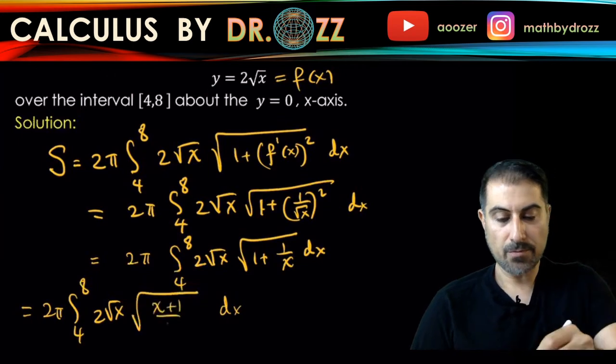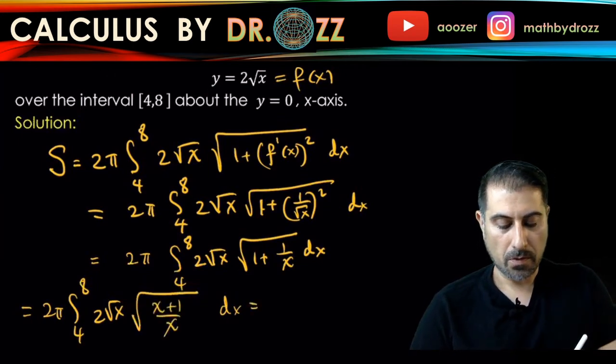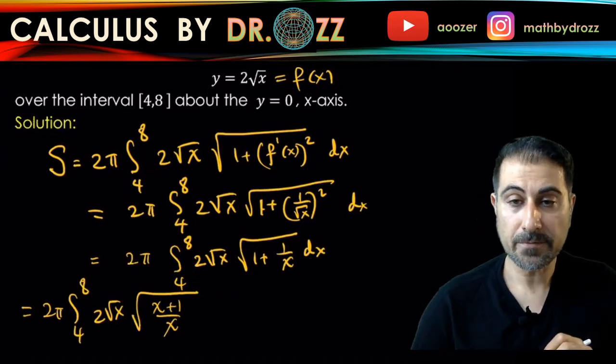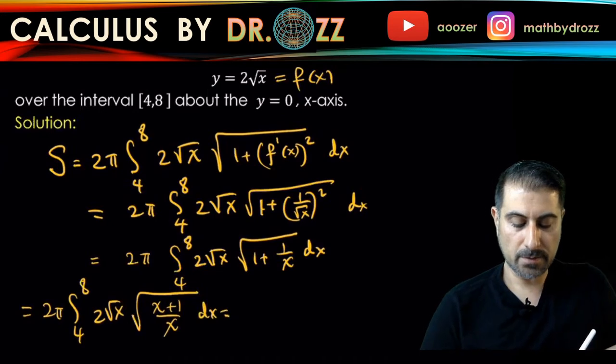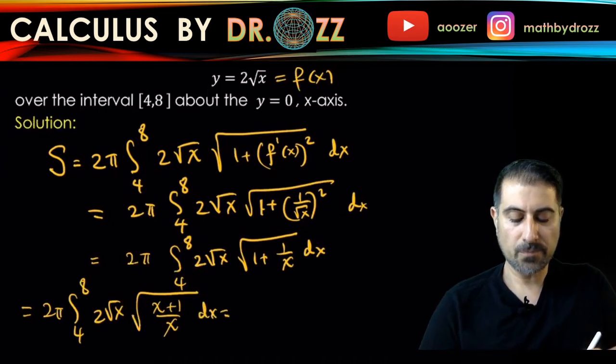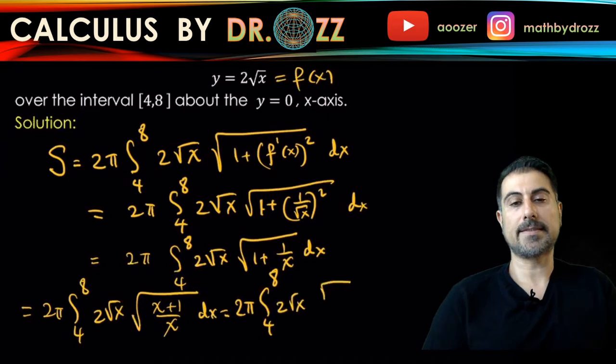And one thing that I know from algebra is that the radical of a fraction is a fraction of the radicals of the top and the bottom. So here we go: 2 pi integral from 4 to 8, 2 radical x plus 1, over radical x dx.